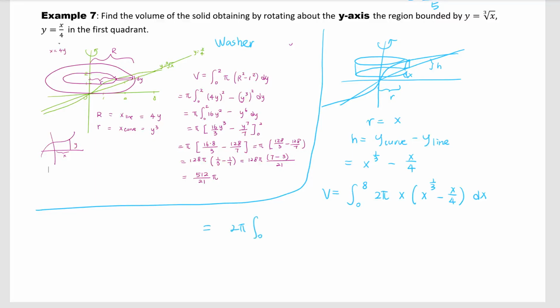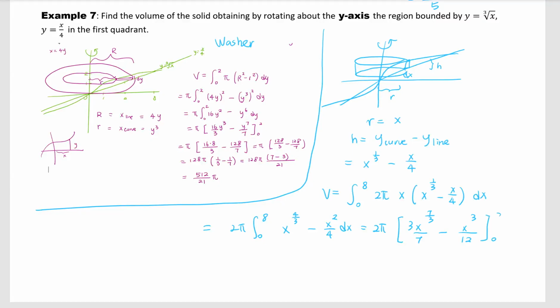2 pi, move it out, distribute it. So x to the 4 over 3 minus x squared over 4. We integrate. Well, x to the, we add 1 to it, 7/3 over 7 times 3. x cubed over 4 times 3, 12.